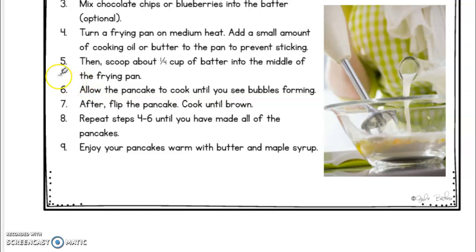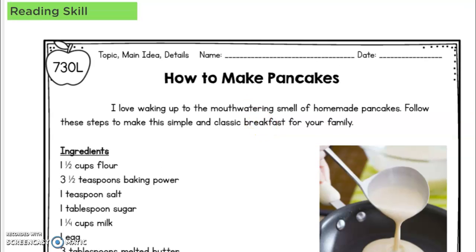Number 7, after, flip the pancake, cook until brown. Number 8, repeat steps 4 through 6 until you have made all of the pancakes. Number 9, enjoy your pancakes warm with butter and maple syrup.